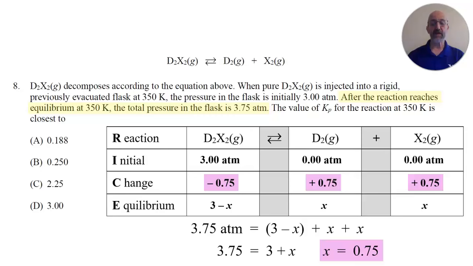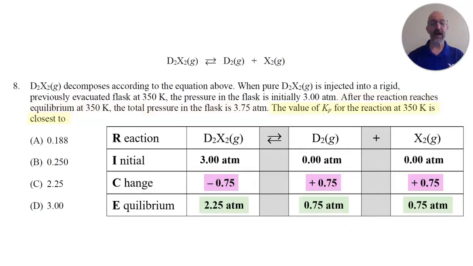And when I fill in the final row of my RICE table, the partial pressure of D2X2 when the system has reached equilibrium is 3 minus 0.75, or 2.25 atmospheres. And the partial pressure of each of the products, so D2 and X2, would be 0.75 atmospheres. Now let's go ahead and write the Kp expression.